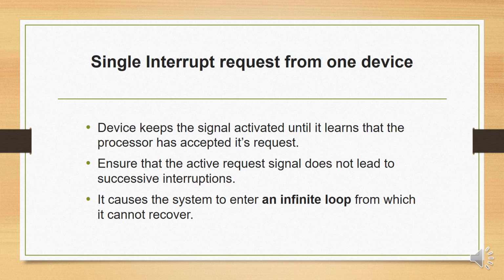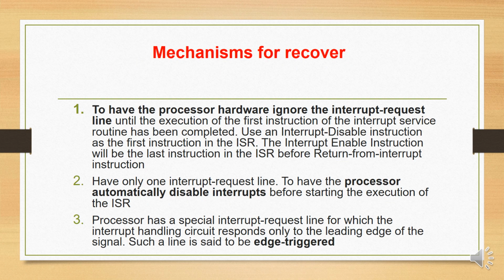For this, there are three major mechanisms to recover from this situation. One is to have the processor hardware ignore the interrupt request line. The second one is to have the processor automatically disable interrupts. And the third one is to add a line called edge triggered. Let us see each one. The first one, ignore the interrupt request line.